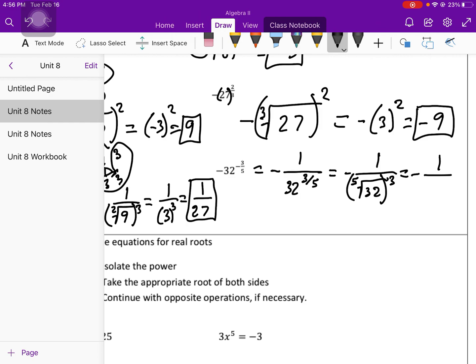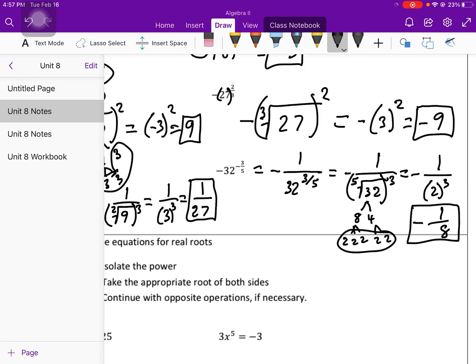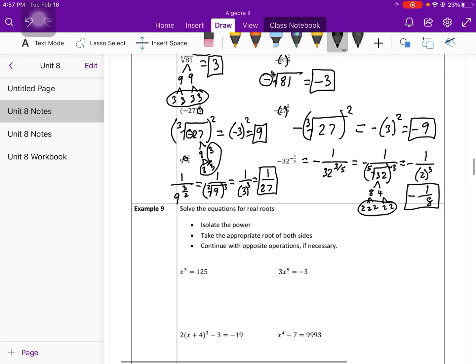So we get negative 1 over the 5th root of 32 cubed. You can go ahead and break it down. It's going to be 8 and 4. We'd be looking for groups of 5, but it ends up being 2, 2, 2, 2, 2, and you get a whole group of 2s. So it ends up being 2 cubed, and 2 cubed is 8. It's negative 1/8 is the answer for that one.